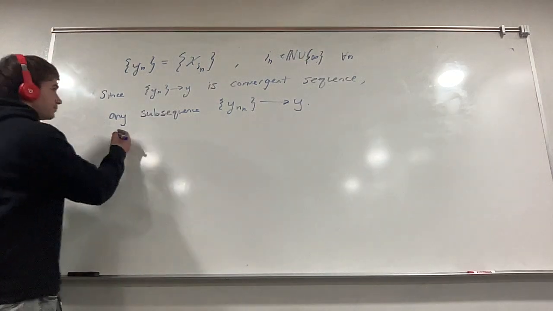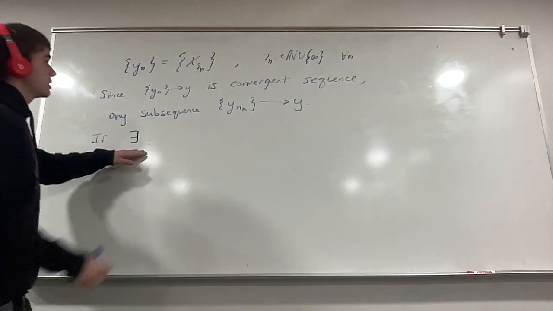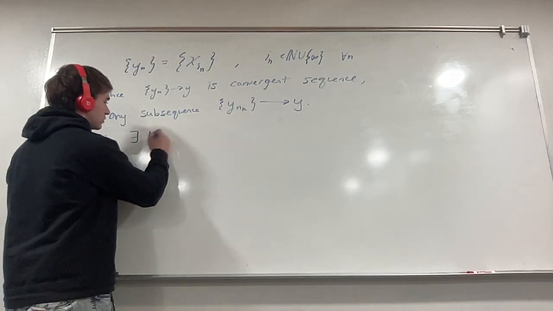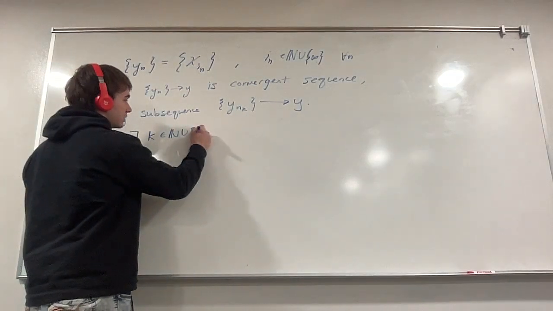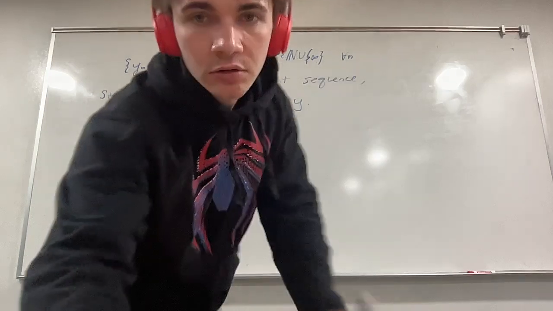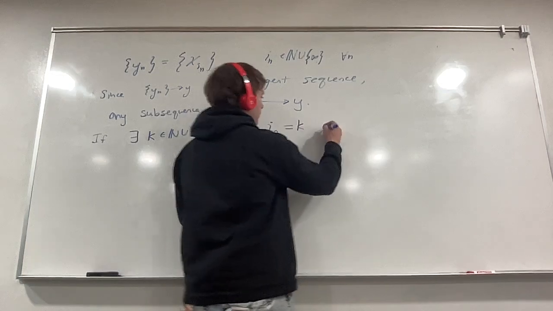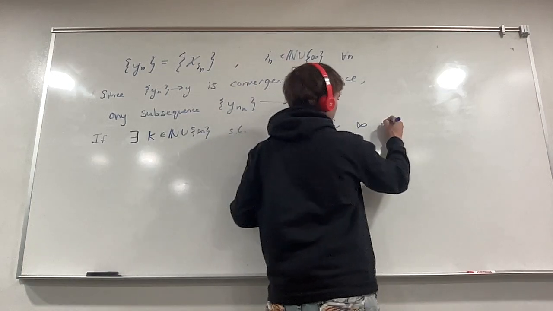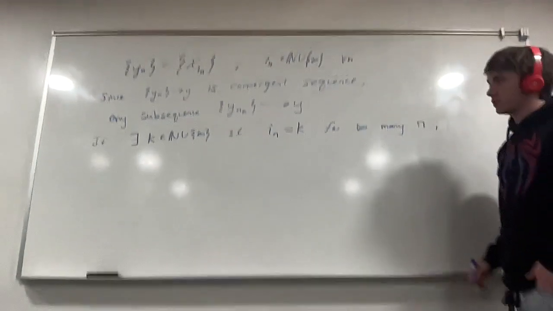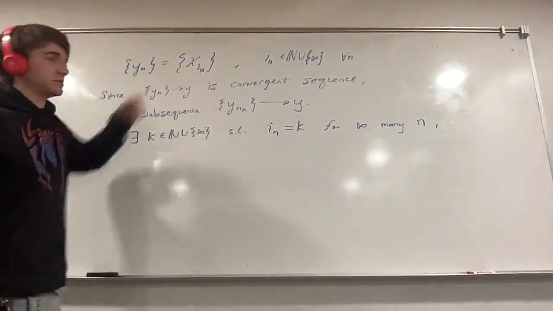So if there exists a k in the natural numbers union infinity, such that I sub n is equal to k for infinitely many n, then that corresponds to a specific point of A showing up infinitely many times in the sequence.